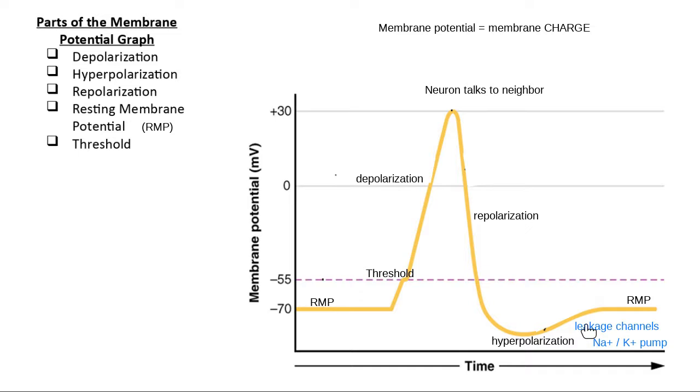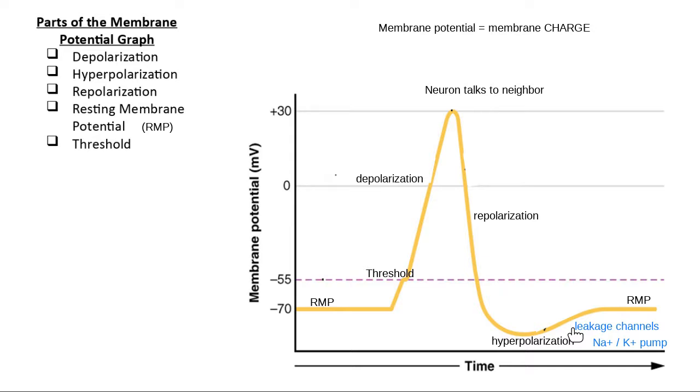These two things work together to get my membrane charge back to normal. So we leak positives and negatives, and then we get those sodiums and potassiums where they're supposed to be. That's what's going on right here in my shoot back up from being hyperpolarized.